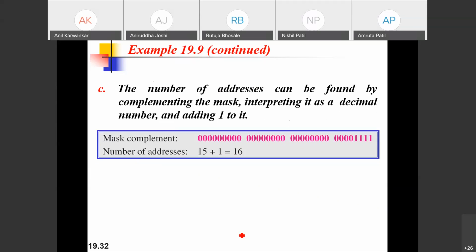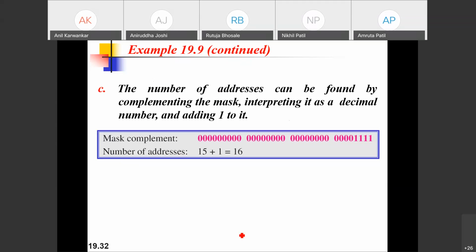255.255.255.240. This is the mask. Represent 240 in binary format.